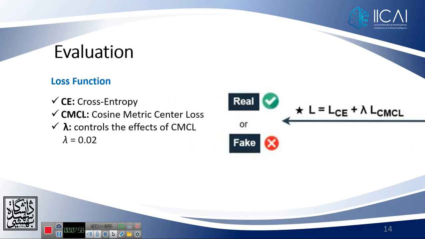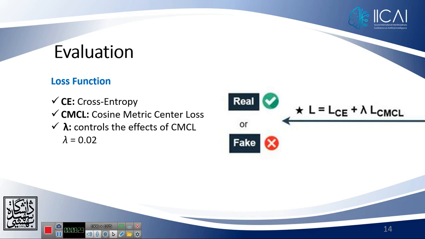At the end, when it comes to the final loss function, we utilize cross entropy loss combined with cosine matrix center loss, with a term called lambda, which controls the effect of CMCL, and it was set to 0.02.